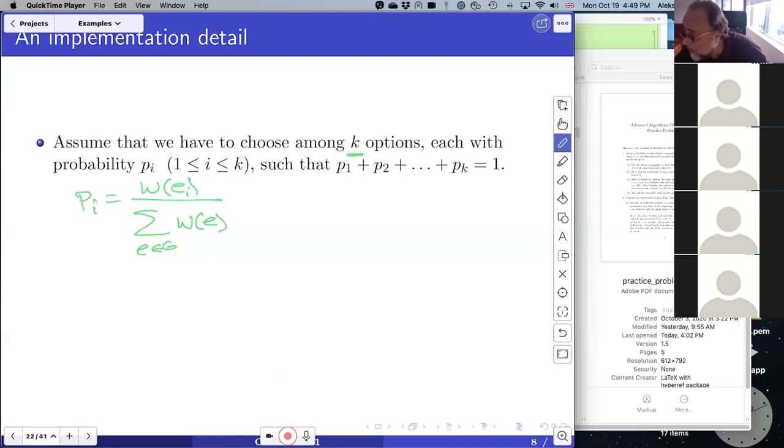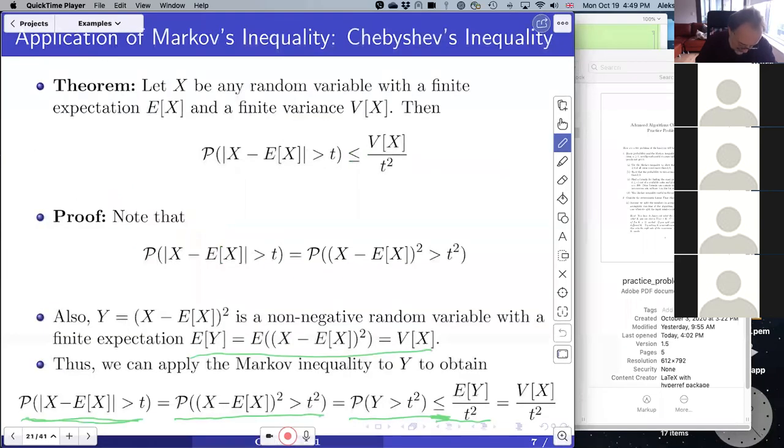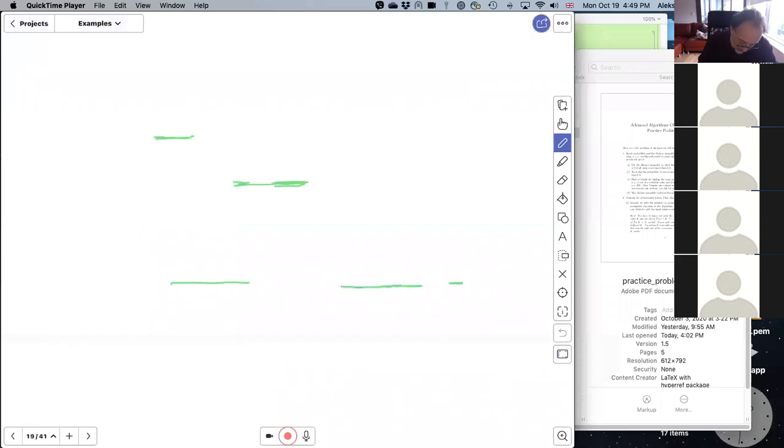A question: for the Markov inequality, does the inequality inside P need to be strict? That's a good question. Let me go back to the Markov inequality.